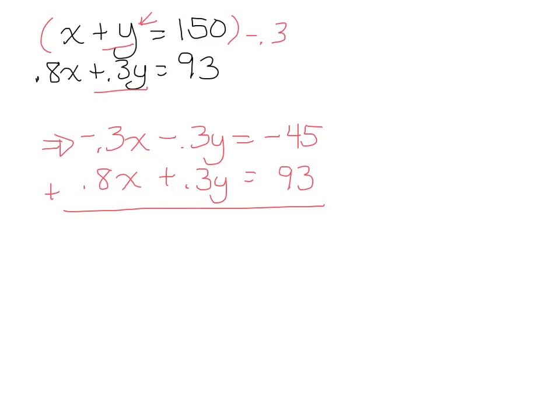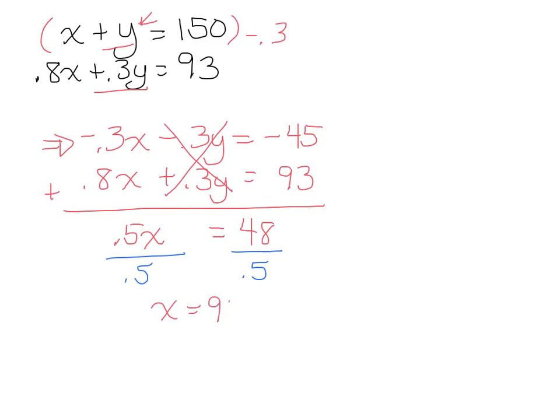Negative 0.3 plus 0.8 gives me 0.5x. The y's cancel out. Negative 45 plus 93 is 48. Now I'm going to divide both sides by 0.5, and I find that x is 96.